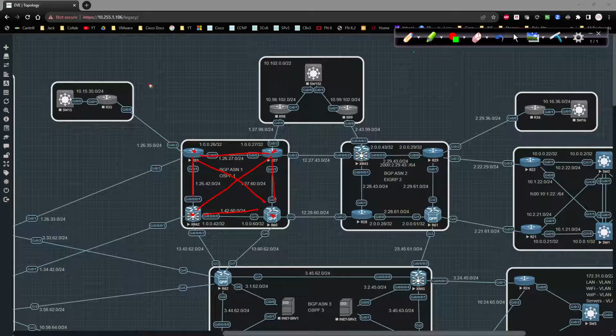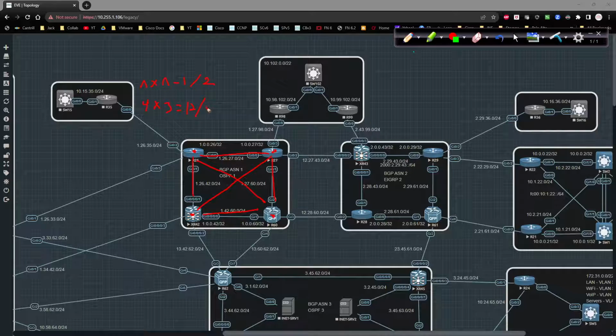The formula is n times n minus 1, divided by 2. That is the equation you need to think of if somebody asks how many peerings that is going to be.